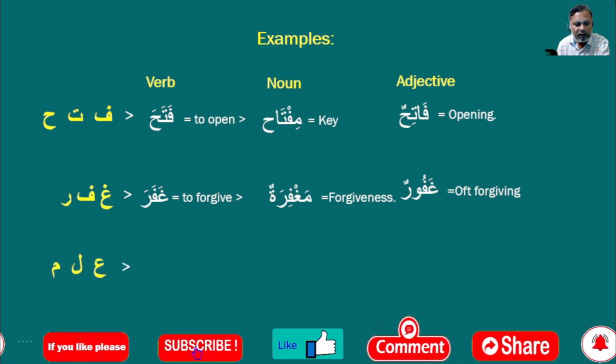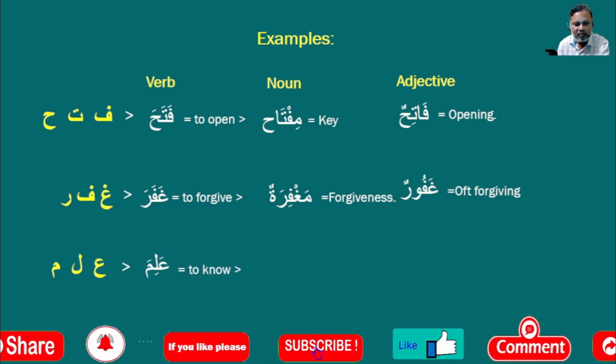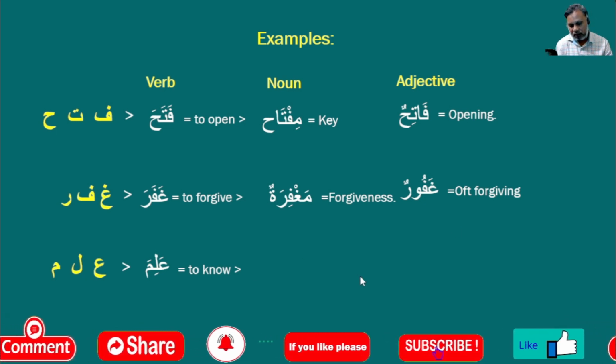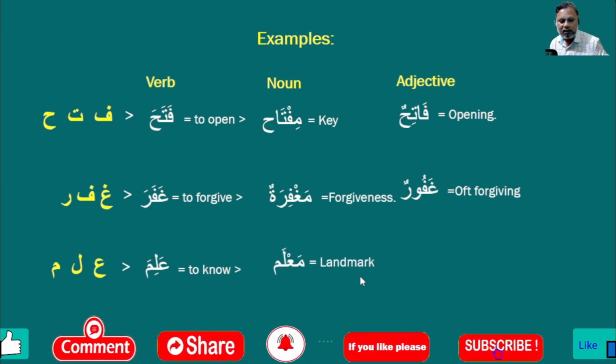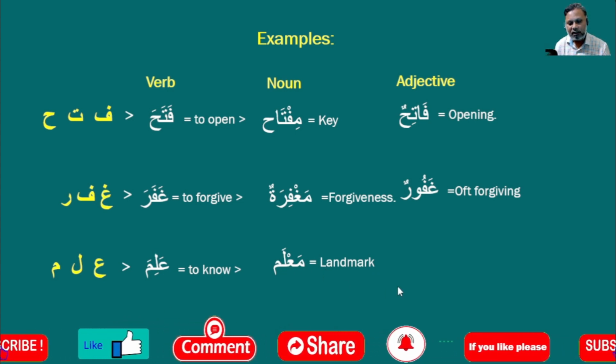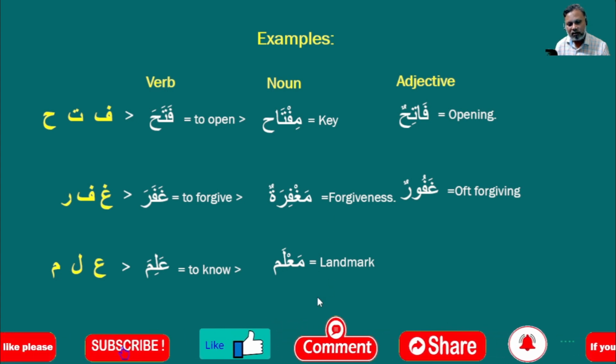And Ain, Lam and Mim: from these three letters, we can have this verb alima. Alima means to know. And the noun we can get is ma'lamun. Ma'lamun means landmark. Landmark means a place from where we can know something.